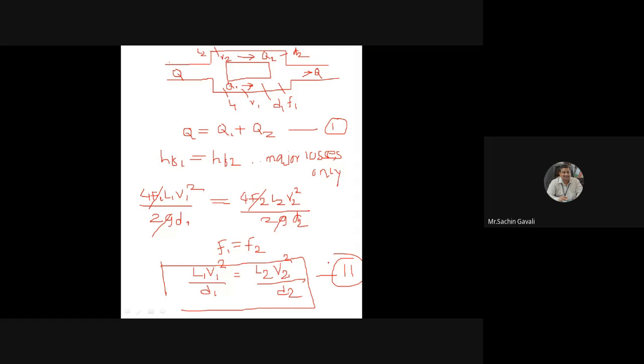Okay, Balaji is good, responding now. So in parallel pipeline connection, the discharge is going to be different in different pipes, but the head loss is going to be the same. And for series pipeline connection, what is the condition?